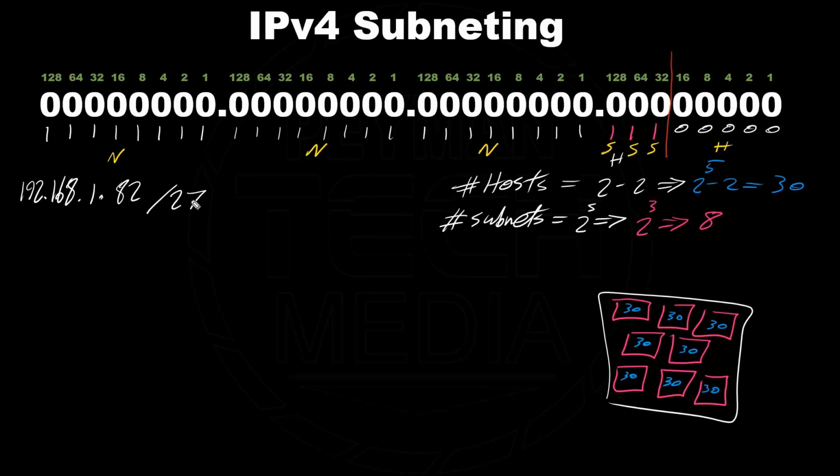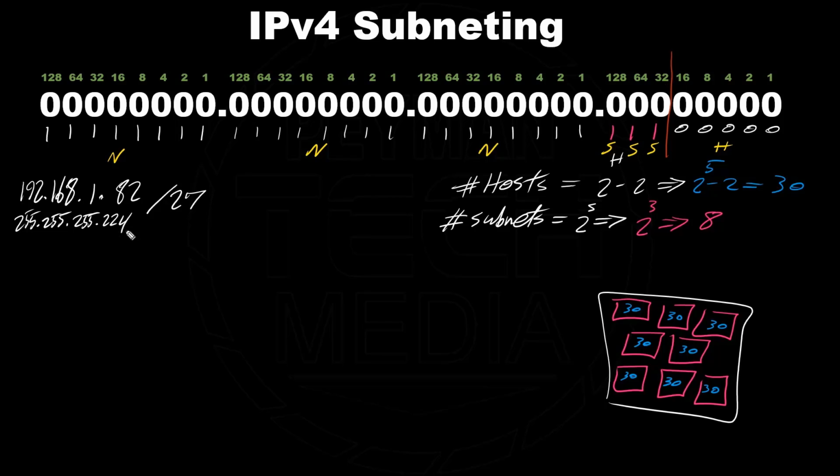So the CIDR notation /27, and we already know this CIDR notation 27 gives us 255.255.255.224. Where this 224 is coming from: here on the last octet we can see 1, 2, 3 bits turned on. So here we can see 128 plus 64 plus 32.